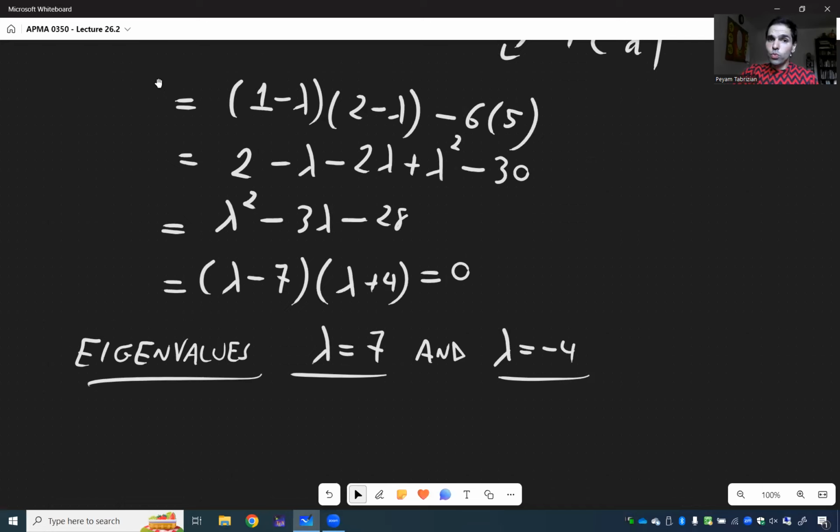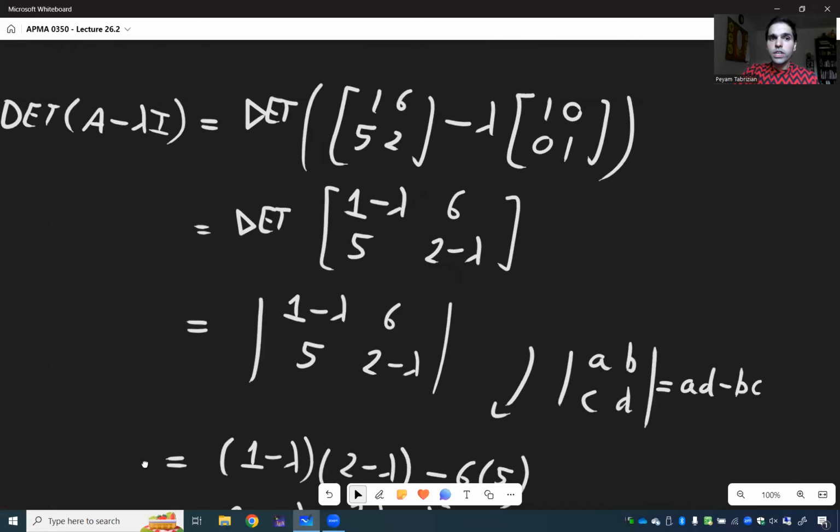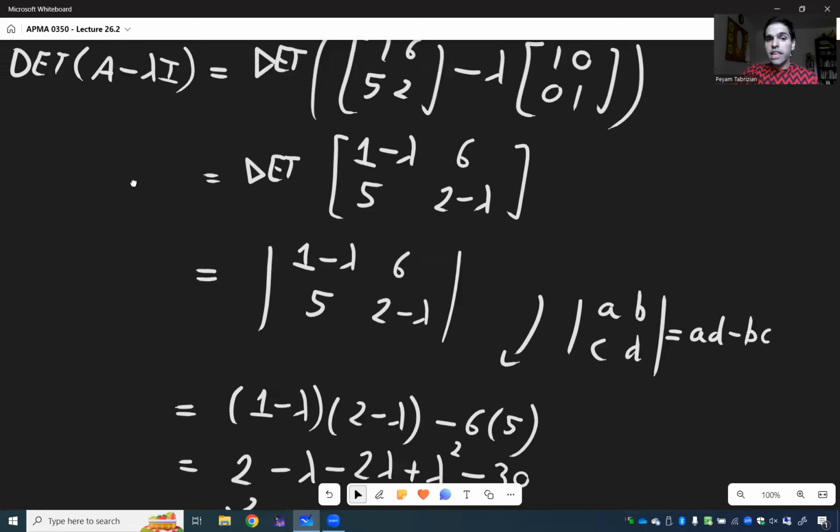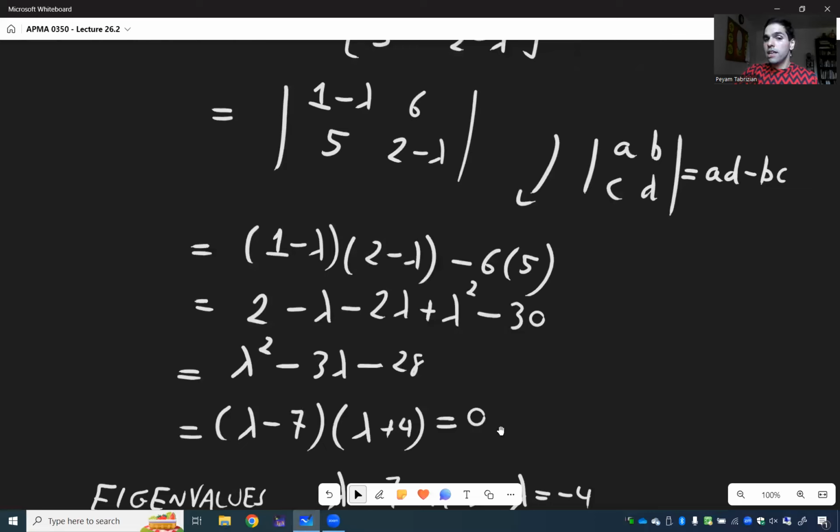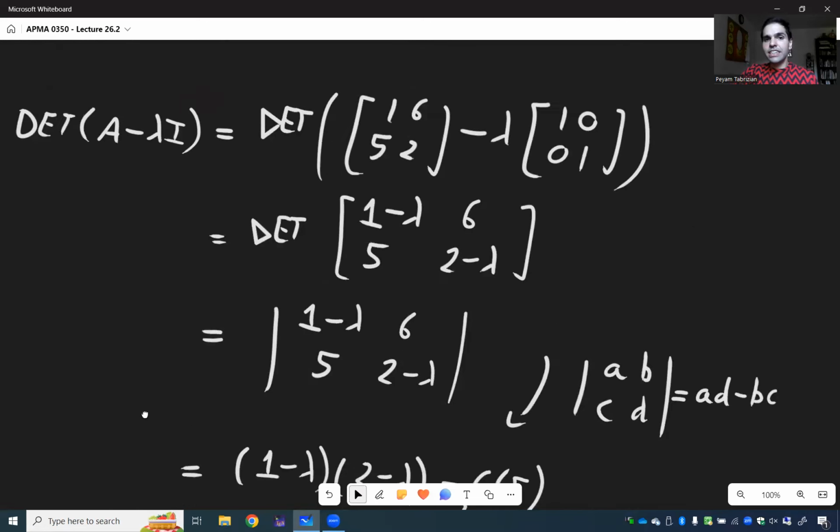And again, to recap, what did we do? We took the determinant of A minus lambda I. We simplified this, took the definition of a determinant, and set everything equal to 0. And now to motivate the fast way, notice what we really did.